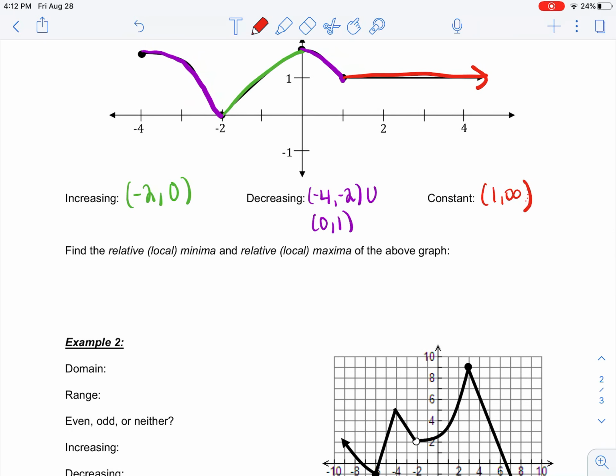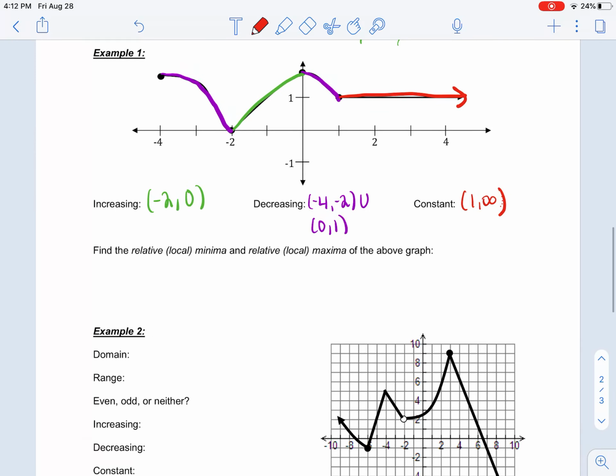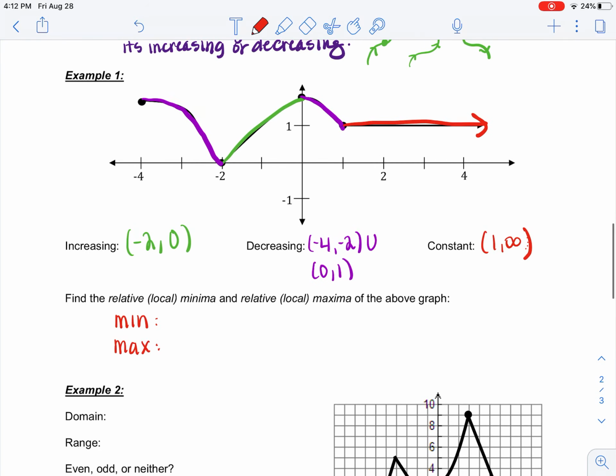Next it says what's the relative minima and the relative maxima. In parentheses we have the word local there because some books call it local minimum, local maxima. So what you're looking for, the local minima, let's do minima, maxima, is from all of your relative minimum, maximum, you're looking for the lowest and the highest. So let's look, and first I'll use the yellow highlighter to do all my relative minima.